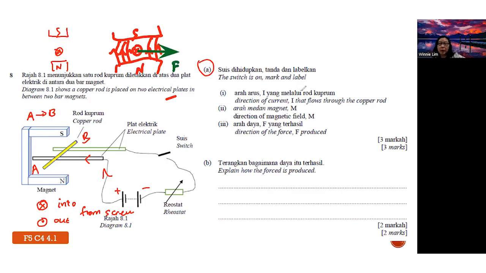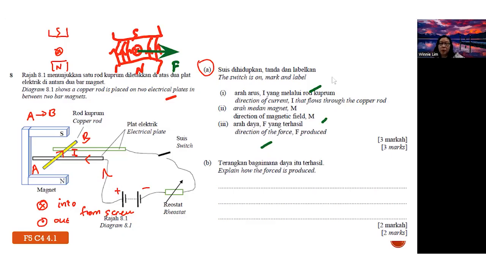Okay, so now they want you to label the current, the magnetic field with M, and the direction of force F. For the current, you need to label it on the rod, then you label I like this. Don't label it on the outside circuit; current flows from positive to negative.